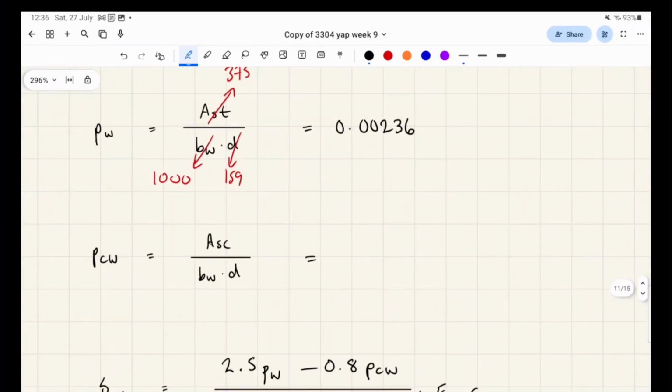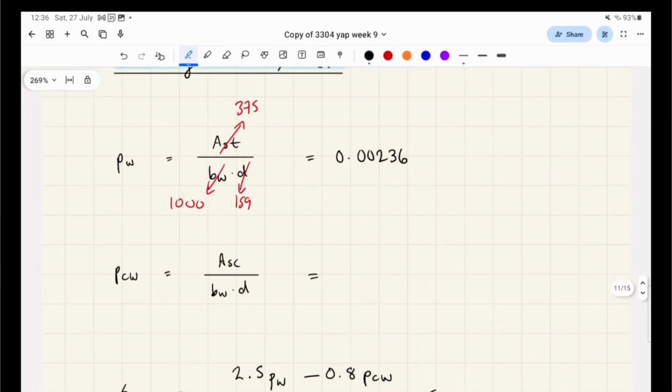And what about PCW? What does PCW stand for again? It's the reinforcement ratio of the compressive steel. So these bottom two values will be the same. What about the top value? What's that going to be? 190 times 1000, just a guess.